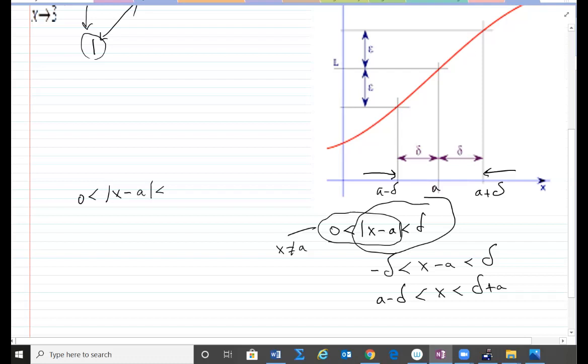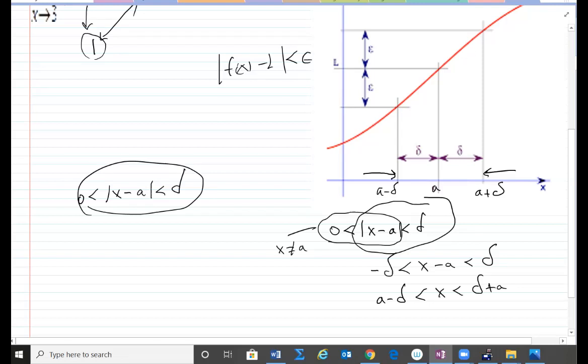If this is true, then we'll have this true over here. As long as this is true, then this will be true up here. In other words, the absolute value of f of x minus L would be less than epsilon.